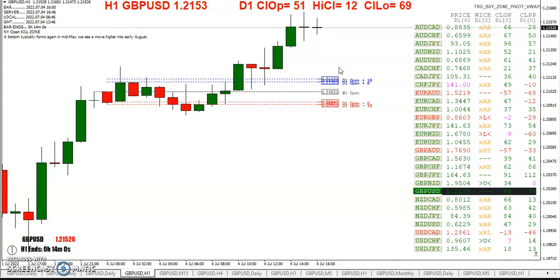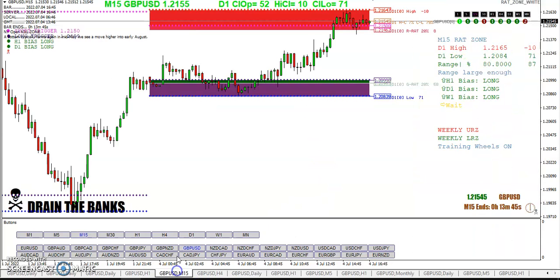And it doesn't usually have a bunch of congestion at that 40 level. It just moves. That's something that I can take advantage of. And so can you if you're so inclined. And right now we're in the upper rat zone.